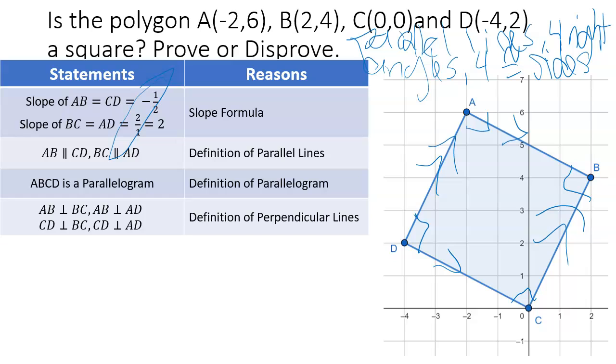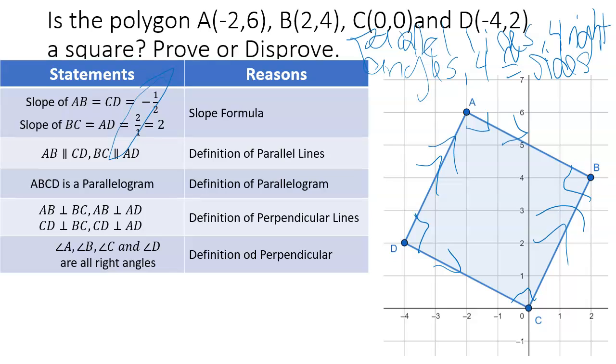Those squares in the corner are there to show me that they're right angles. So now I can say angle A, angle B, angle C, and angle D are all right angles. I know I fixed this before I started the PowerPoint. Definition of perpendicular.